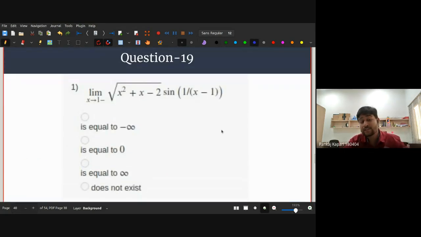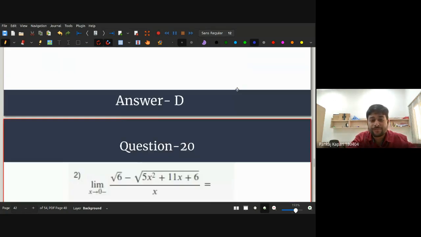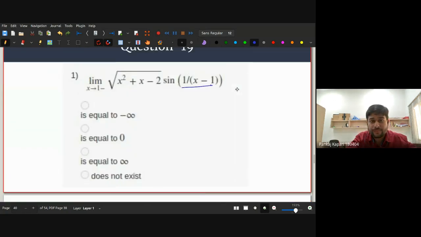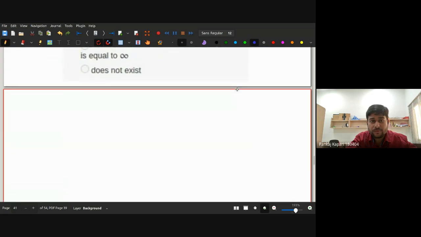So this is the 19th problem, right? You can see that this says sine of 1 divided by x minus 1. So what is our function?